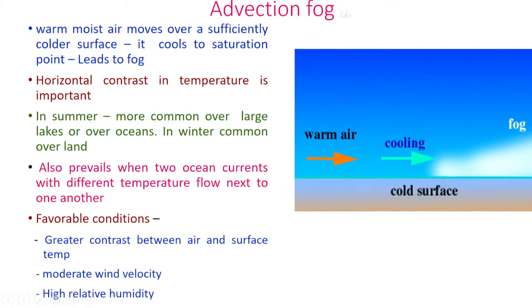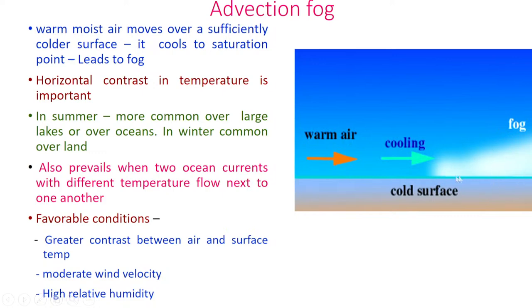Then coming to the advection fog. As the name suggests, advection is related with the horizontal motion. In this type of fog, warm moist air will move over a cold surface. When warm moist air from some other place moves over the cold surface, that air will start cooling down because of the contact with the cold surface.